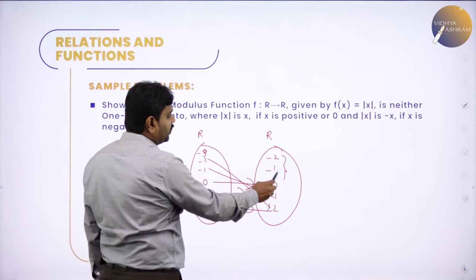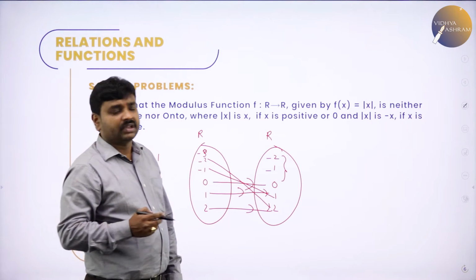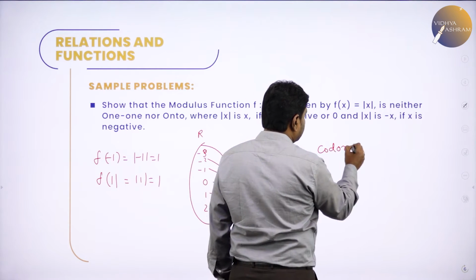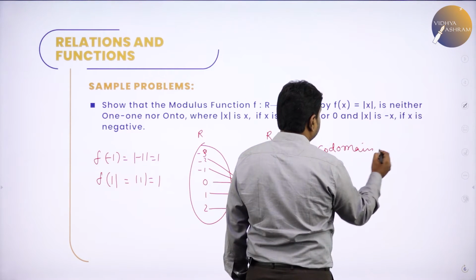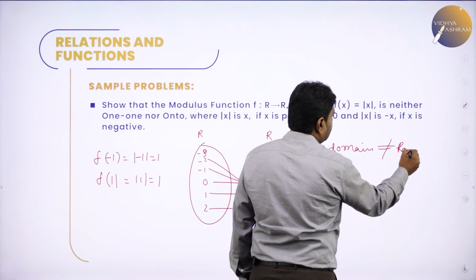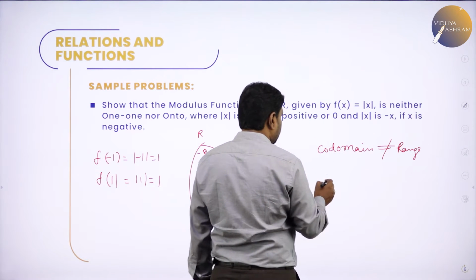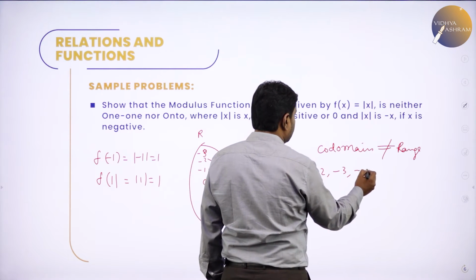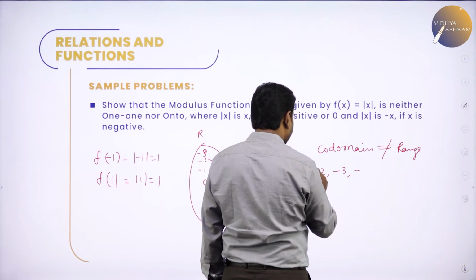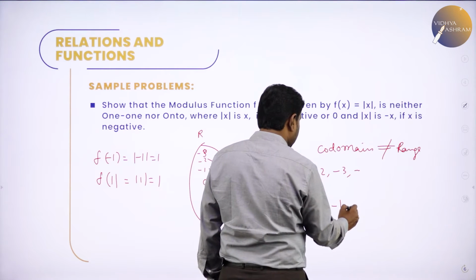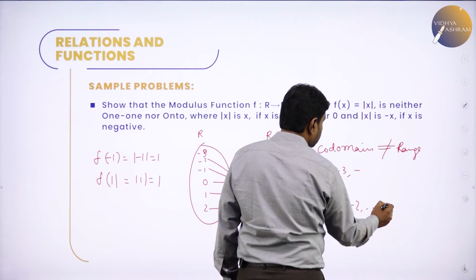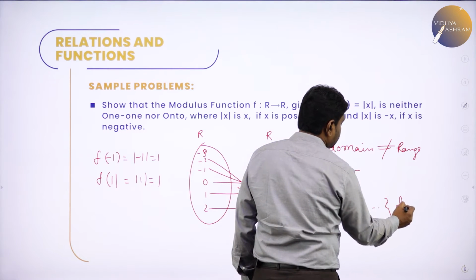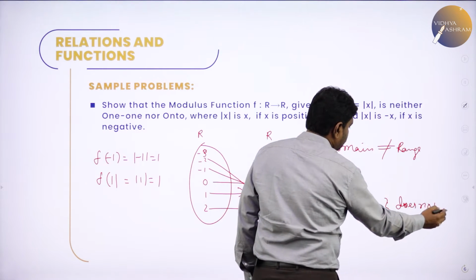But these negative elements do not act as images. So here what do we say? Codomain and range are not equal, and minus 1, minus 2, minus 3, and so on, the negative numbers, do not act as images.